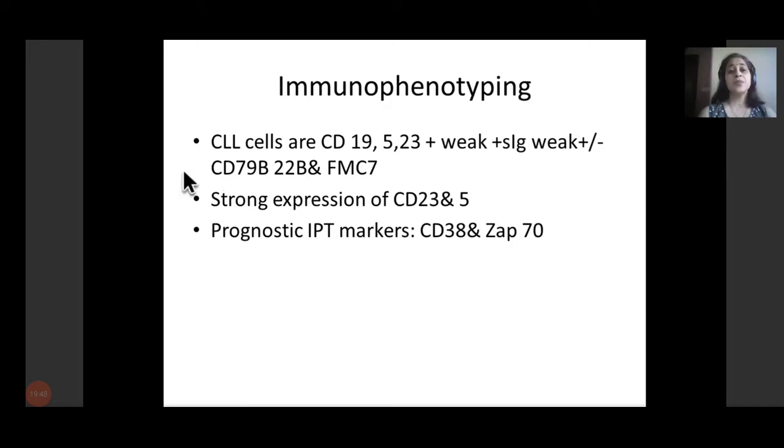So we subject the blood cells to flow cytometric assessment by tagging the cells with fluorochrome-tagged antibodies against the antigens the cells express, which I explained in the previous lecture.